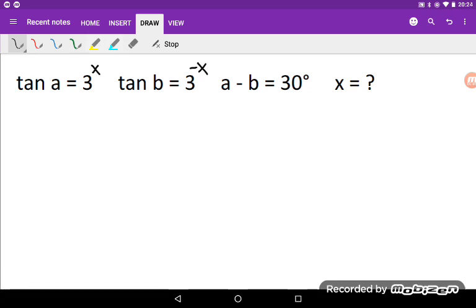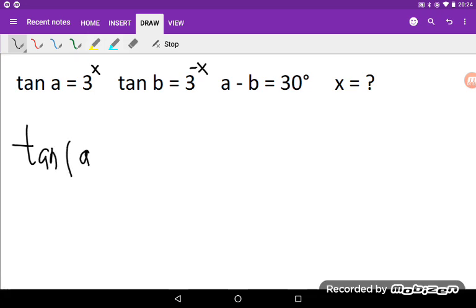Okay, so because we know the value of A minus B, we can use a formula for tangent of difference of angles.